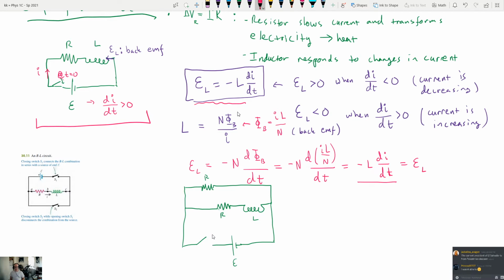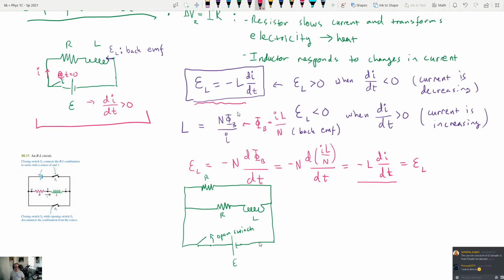So the other way we could do this is you could say, suppose that I have a switch that's been closed for a long time and we open it. So the switch starts off closed, and then we open the switch after it's been closed for a long period of time.